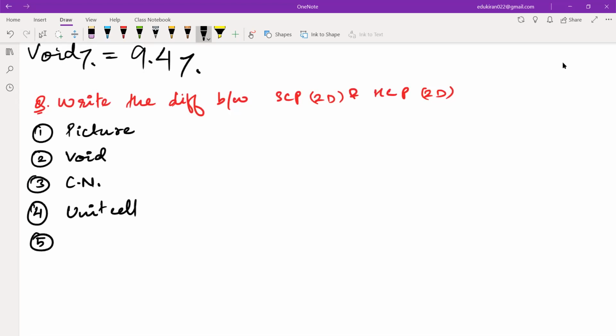Fifth point that you will do is that you will write, we have got the picture, we have got the void, we have got the coordination number, we have got the unit cell, right? Then you will write the packing efficiency. You can also write the packing fraction and the void percentage in one go. What else can you write? Sixth, you can write whether it is AAA type or it is ABAB type.